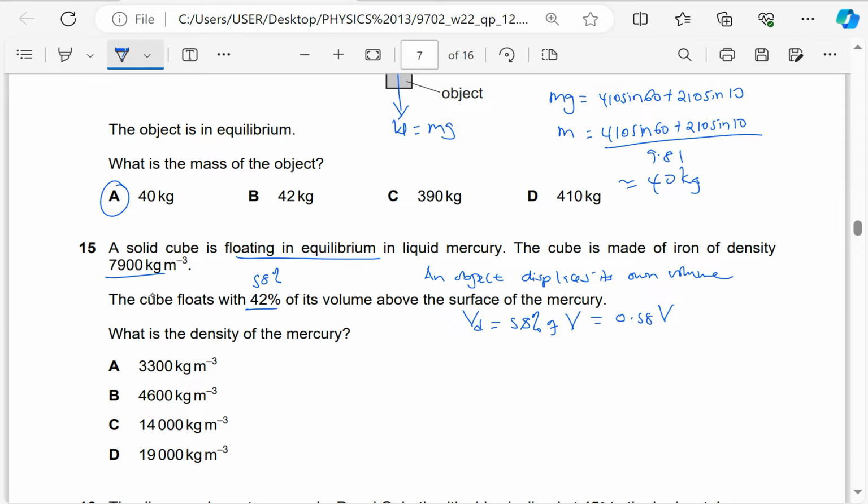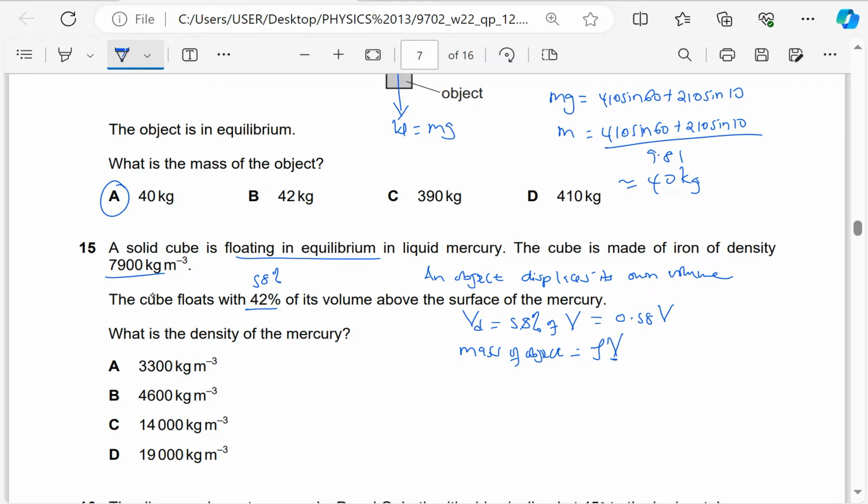So the mass of the object is going to be the density of the object times the volume of the object. That is the mass of the object.